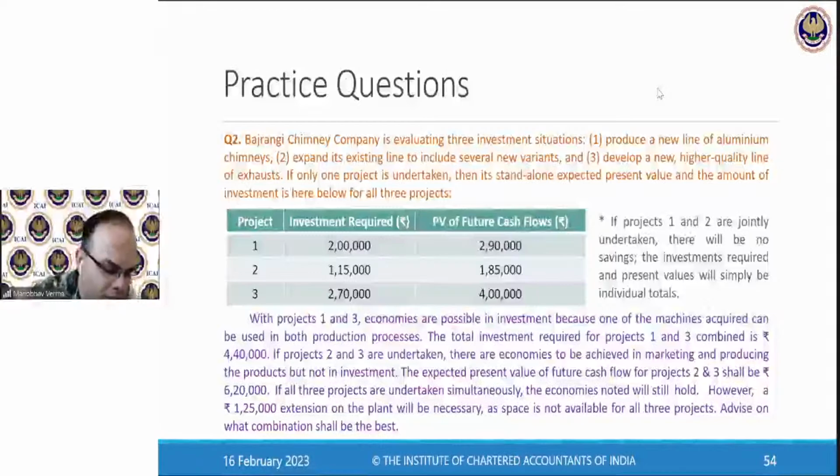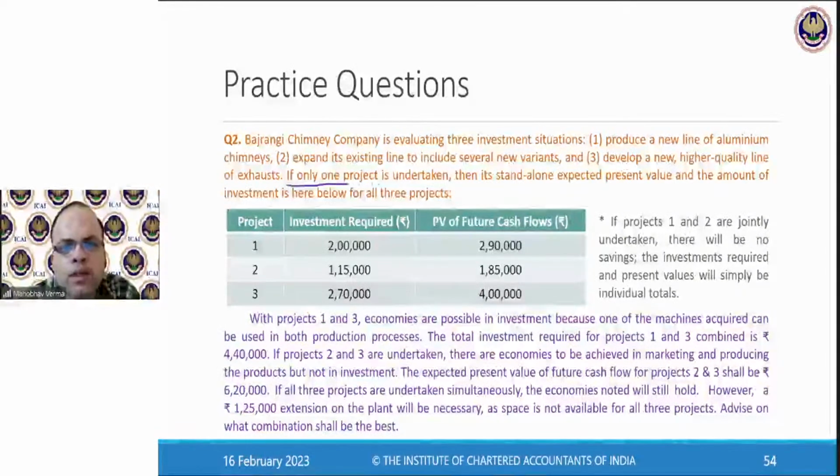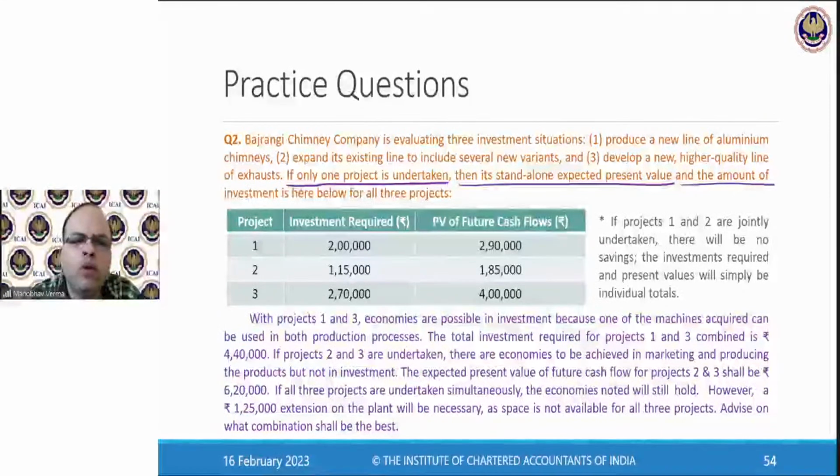For me, the interesting line starts now. If only one project is undertaken, then its standalone expected present value and the amount of investment is given below for all the three projects.